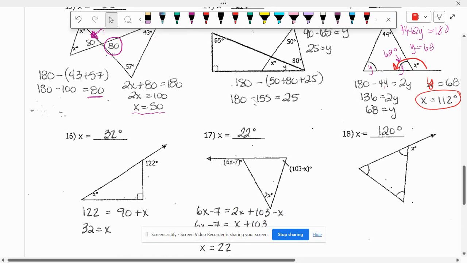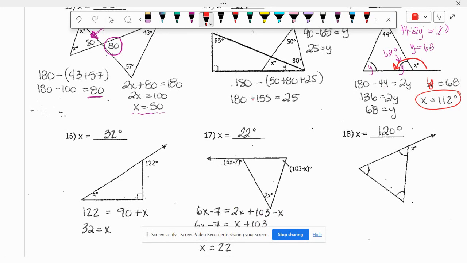So 90 plus X equals 122. This is an exterior angle. The two remote interior angles equal the exterior. So X equals 32.